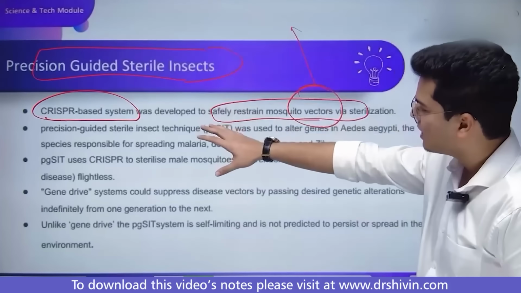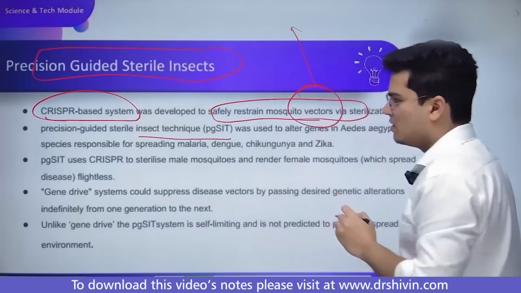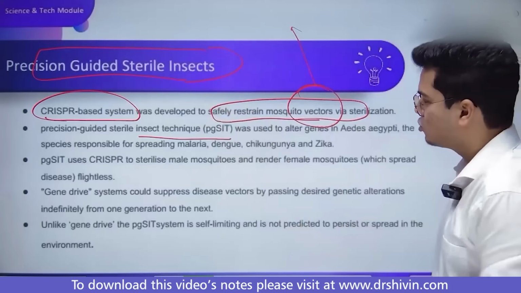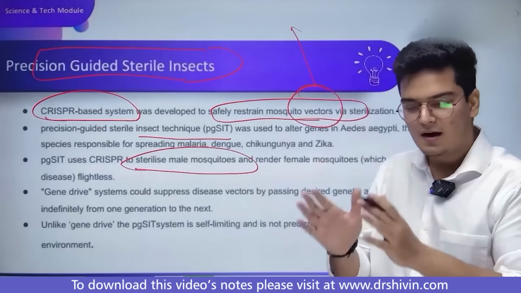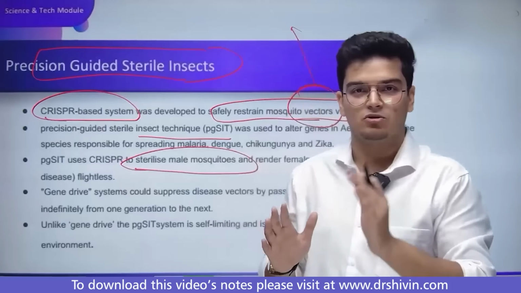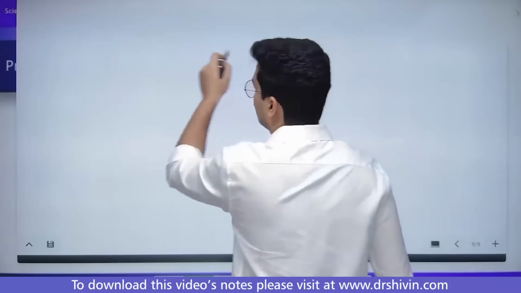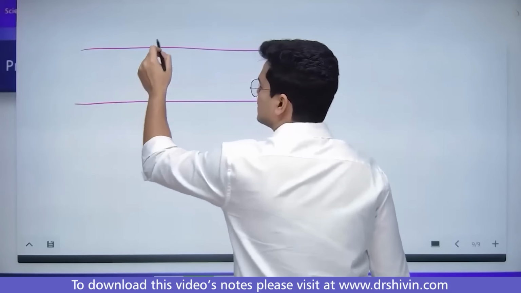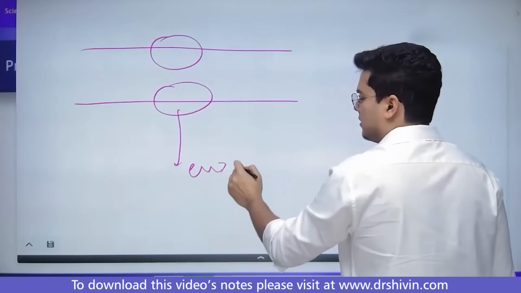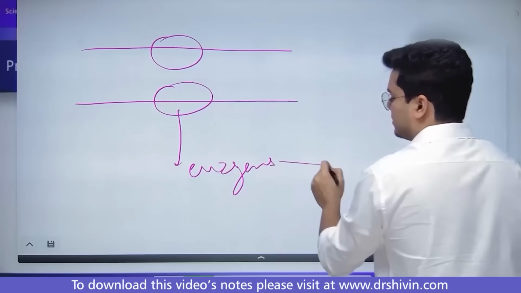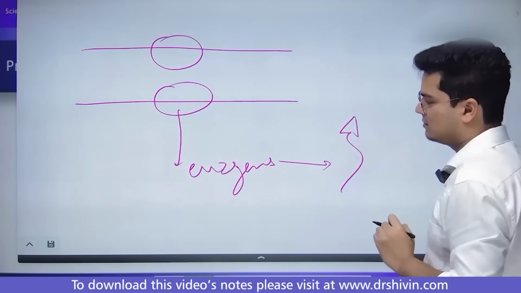So here I was using this precision guided sterile insect technique based on CRISPR to sterilize male mosquitoes. How would I have done it? In the male mosquito's DNA, there must be some place responsible for producing the enzymes or proteins that are important for the production of the mosquito's sperm cells.